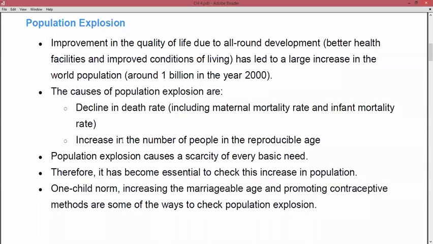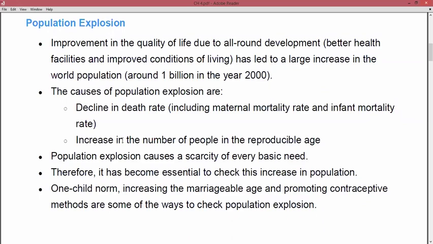So due to the overall development and the quality of life, better health facilities are also being given, as well as several improved conditions, and due to this the population has increased a lot. Now the causes of population explosion are two. The two main ones are a decline in the death rate, that is a decrease in the deaths, right?